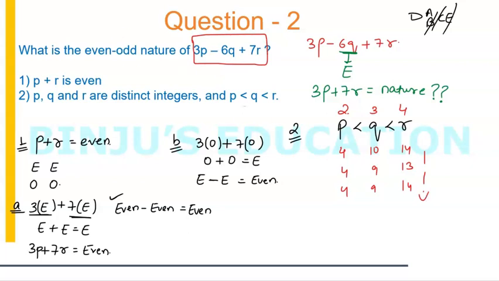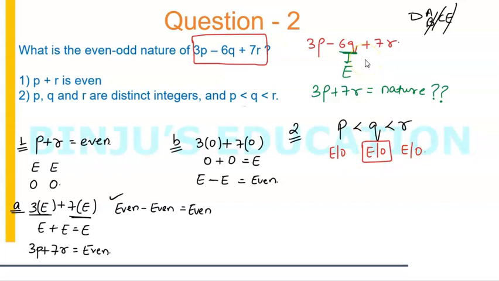Okay, so let's quickly remove this. Now we have understood what this statement means, which means P can be even or odd, Q can be even or odd, and R can be even or odd. All of them are possible. I don't need Q, because 6Q will be even irrespective of whether Q is odd or even.